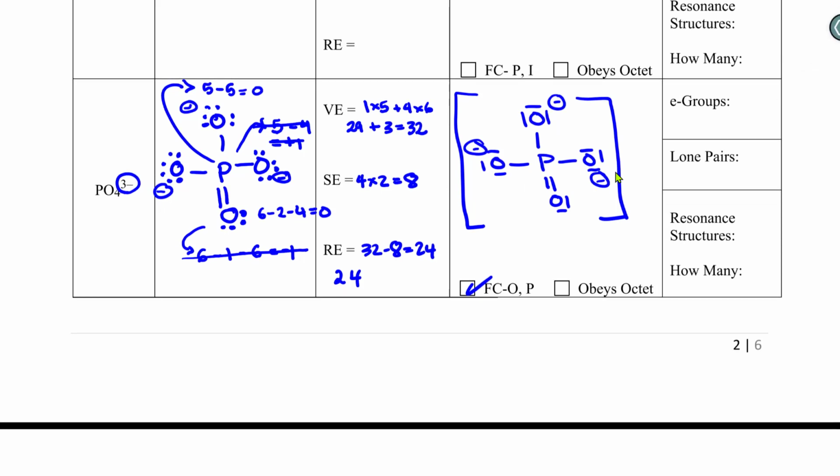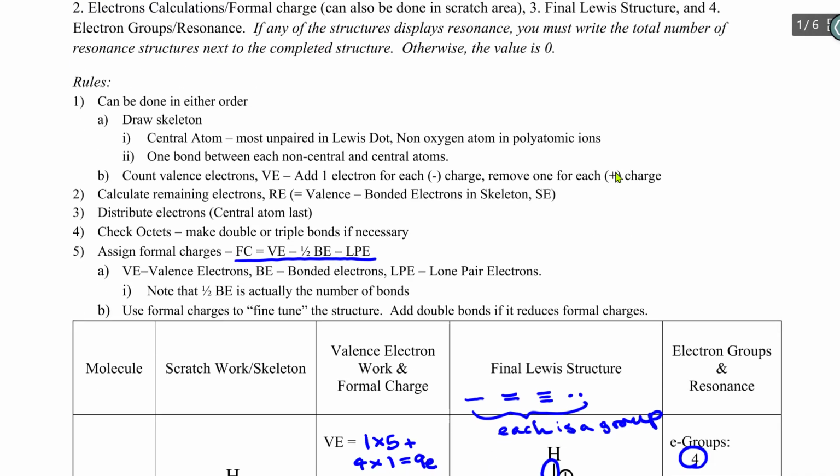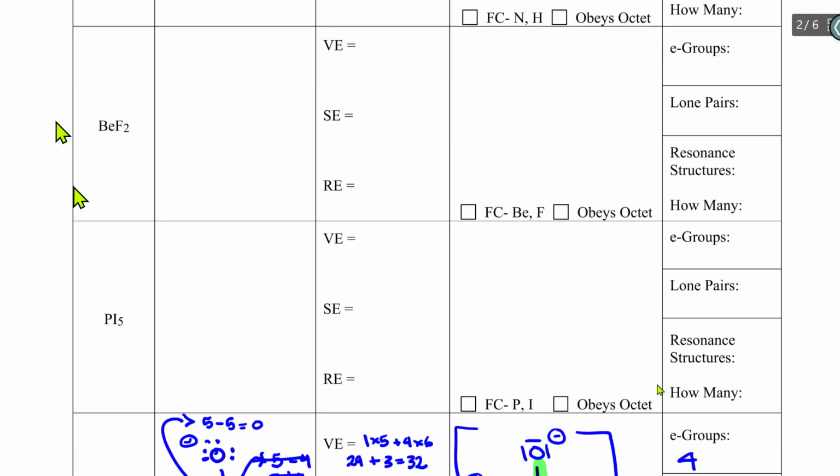And then finally, we have to decide on the number of electron groups. So if I was doing this, I might use a highlighter and say, well, I've got these electron groups. So I have a total of 4 electron groups. The double bond, like I said before, and it's very useful actually to write this at the top of the column to remind yourself that each one of those could be counted as one group.